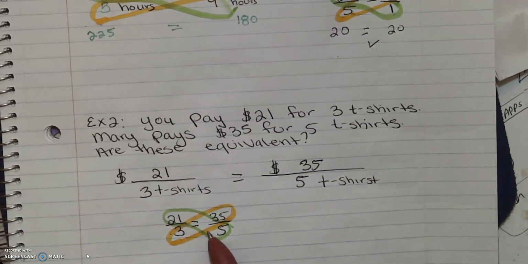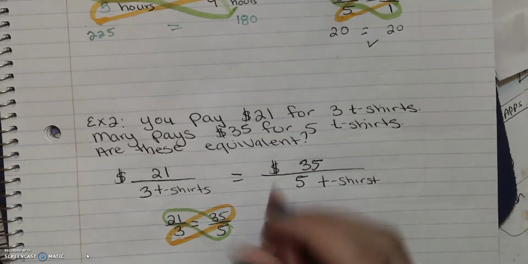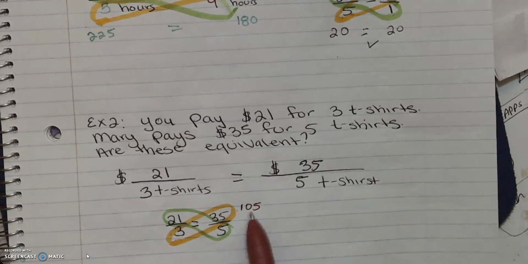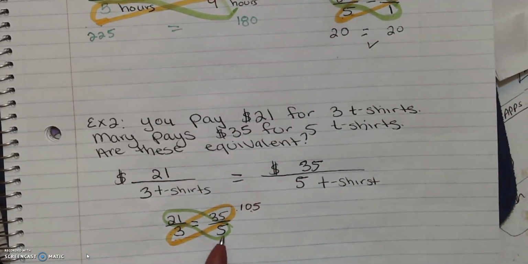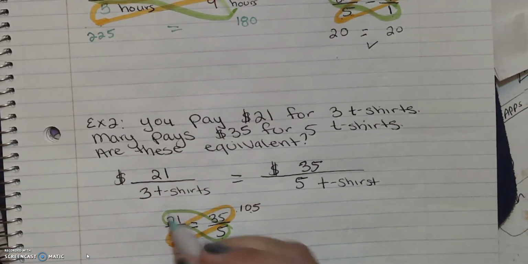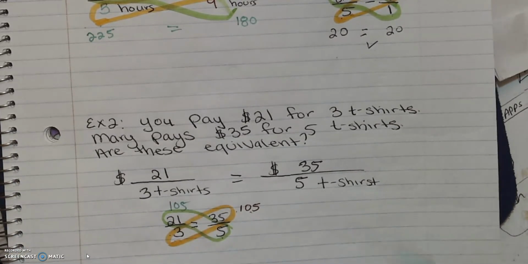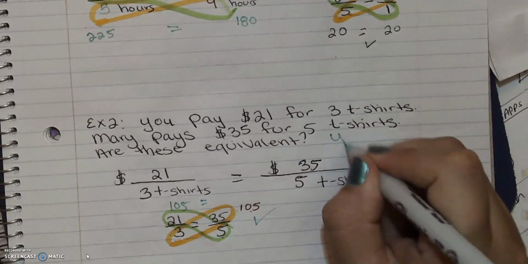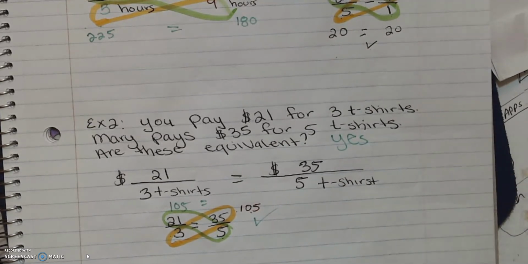What is 3 times 35? That would be 105. Then you have 5 times 21. 5 times 21 is also 105. Are they equal? 105, 105. Yes. So that means you have yes for this.